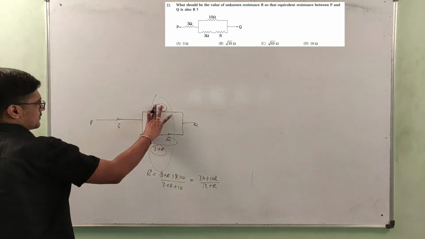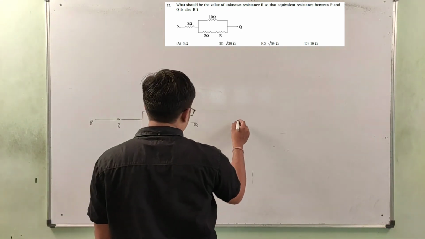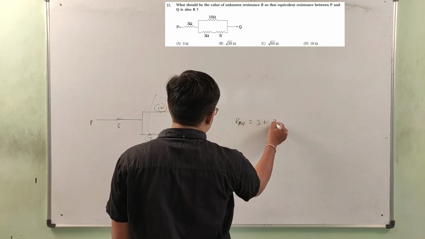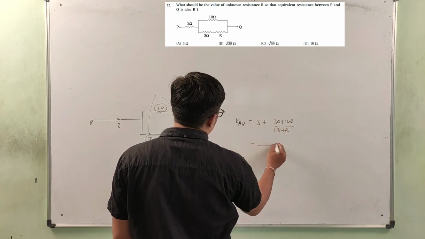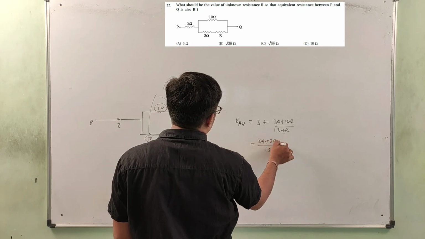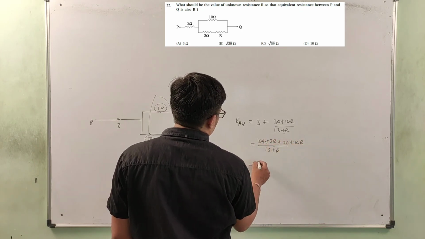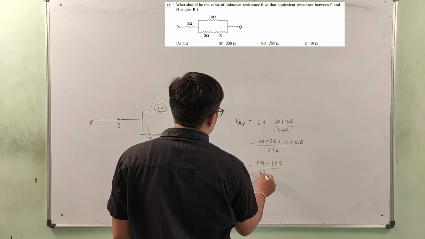And this resistance R dash of the network is connected in series with these 3. So the resistance between P and Q is equal to 3 plus (30 plus 10R) divided by (13 plus R). So that is 39 plus 3R plus 30 plus 10R, so (69 plus 13R) divided by (13 plus R).